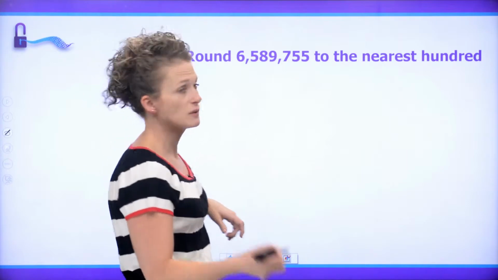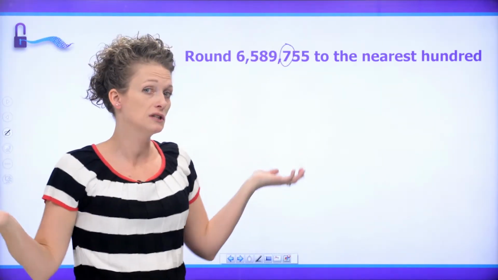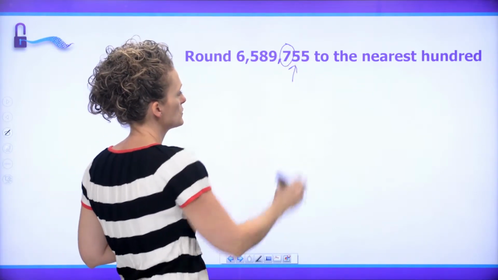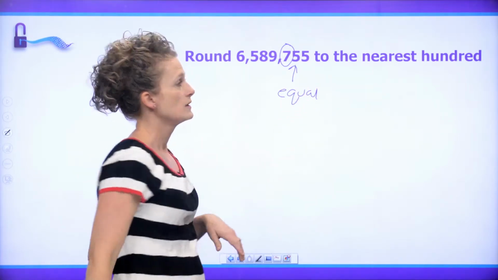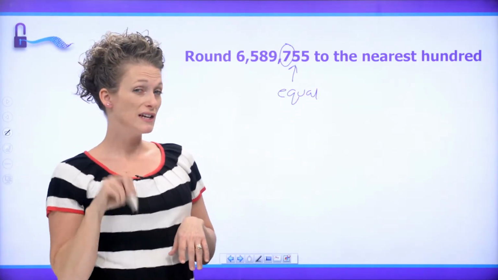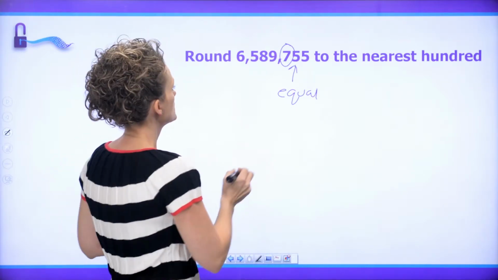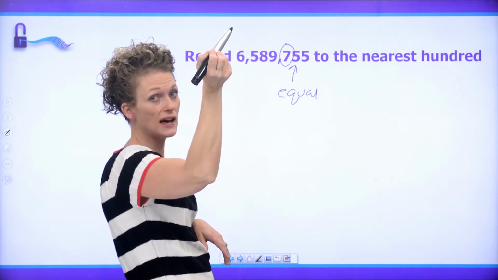What's the hundreds? Well, we know what the hundreds is. It's right here. Okay, again, place value chart. If you need it, use it. It's what it's there for. So if we look beside and we see that this is equal to 5, this time, instead of rounding down, we're going to round up, because 5 or greater, we always round up. So the 7 has to be rounded up, so it becomes an 8.